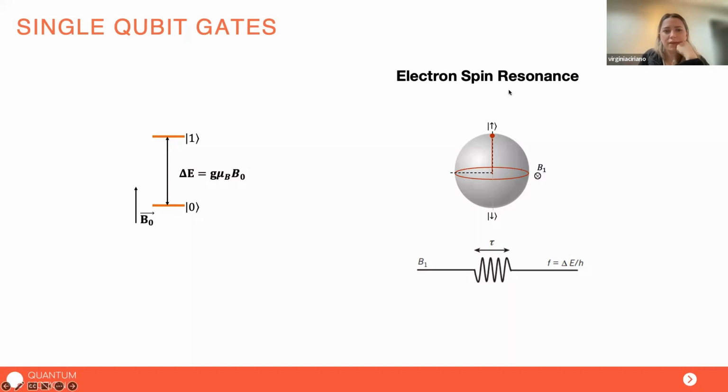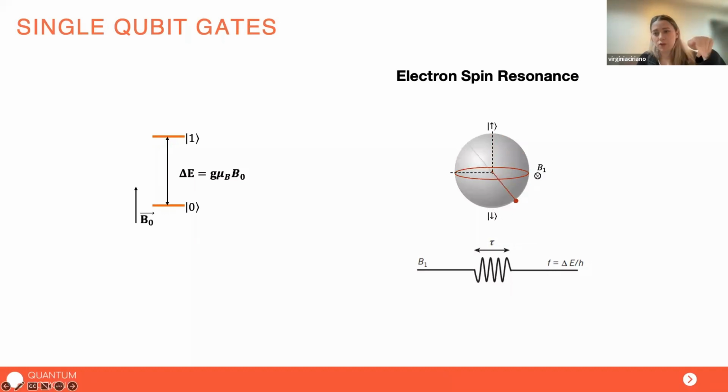The main way to interact with it is electron spin resonance. With electron spin resonance, you apply an AC magnetic field at the same frequency as your Zeeman energy, in a direction perpendicular to the one you are applying to create the Zeeman energy difference.